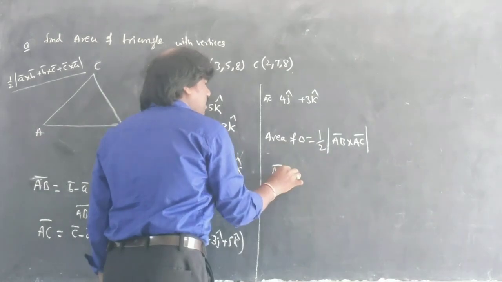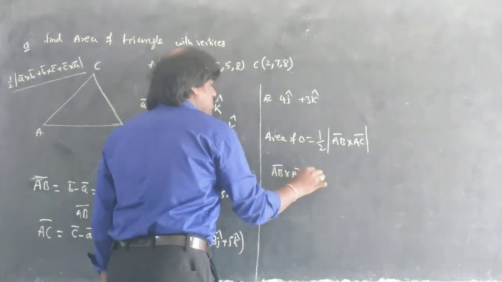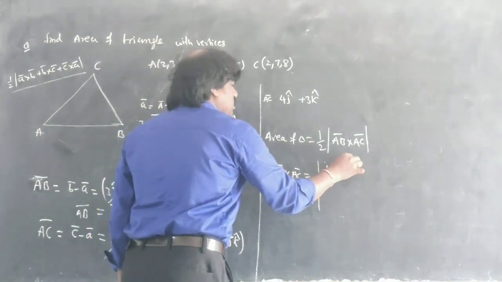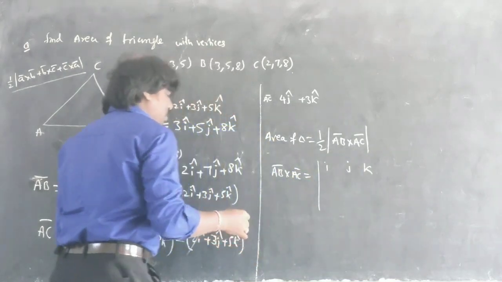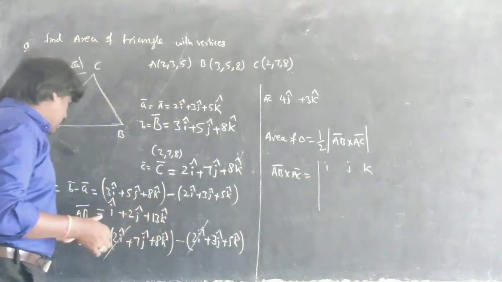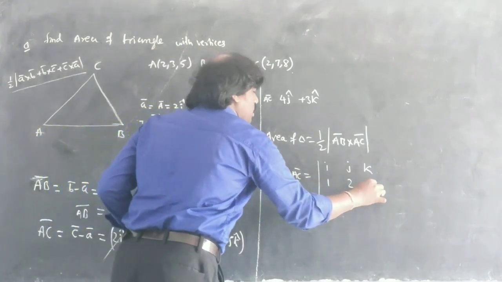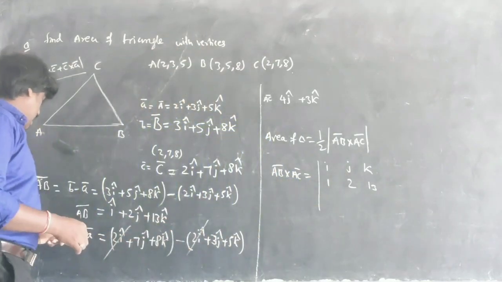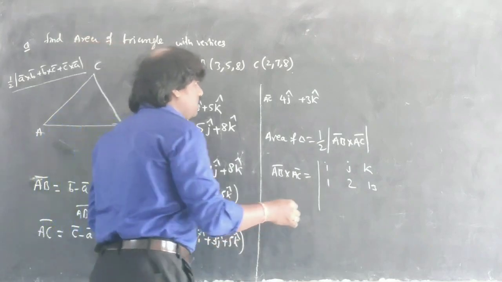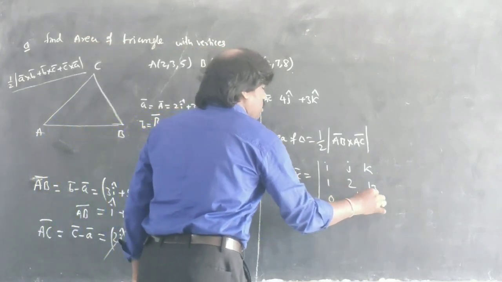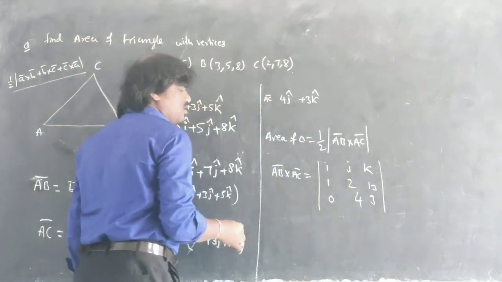I have to find AB cross AC, which I can write as a determinant of i, j, k. The AB vector components are 1, 2, 13, and the AC vector components are 0, 4, 3. Now find the cross product.